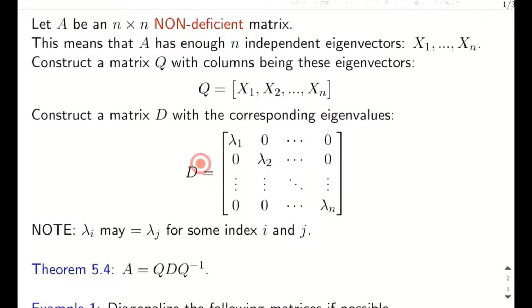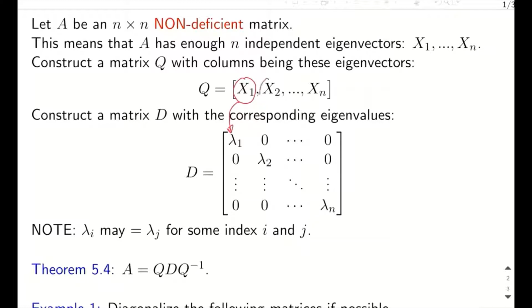D is the diagonal matrix. That means D only has entries on the main diagonal; otherwise, you just fill in zeros. If x1 is the first column of Q, then the corresponding eigenvalue of x1 will be the first entry on the diagonal.